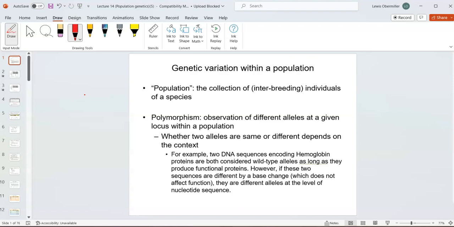Polymorphism, we talked about this word. Poly means many, morph means type or change. So polymorphic is different variations in a population, and then we're talking about the DNA level. And so this is at the alleles, right? Most populations are diploid, so they have two copies of alleles for every gene.